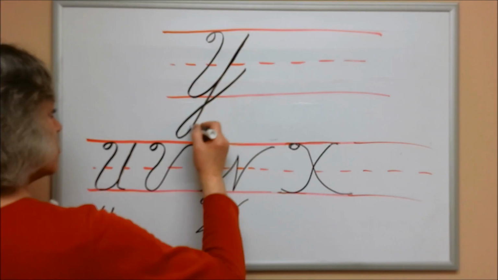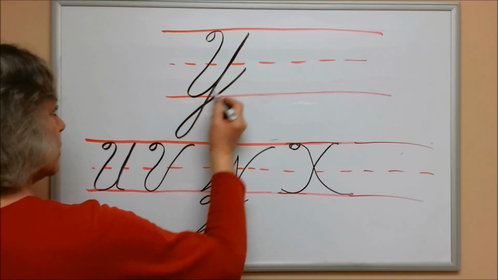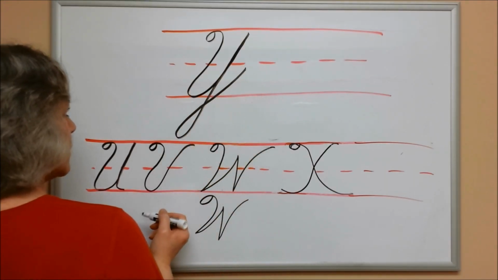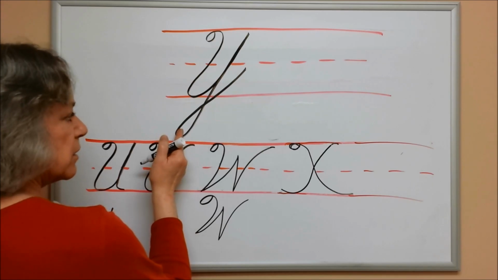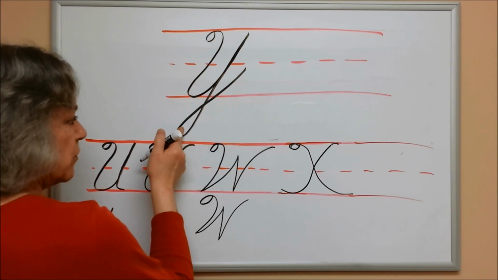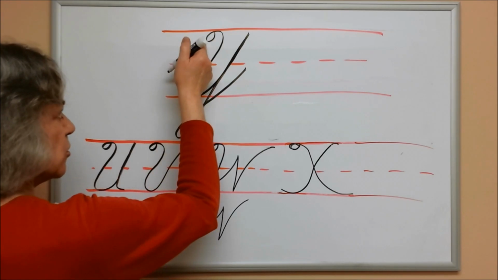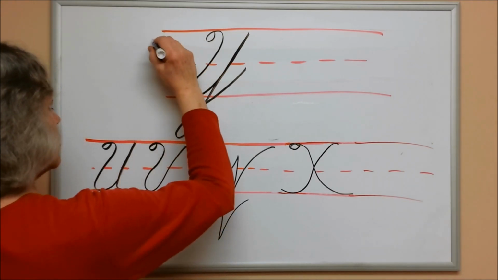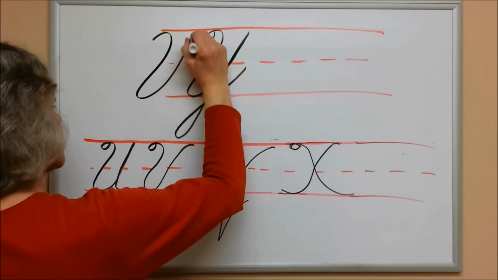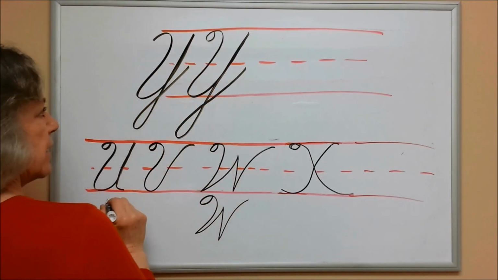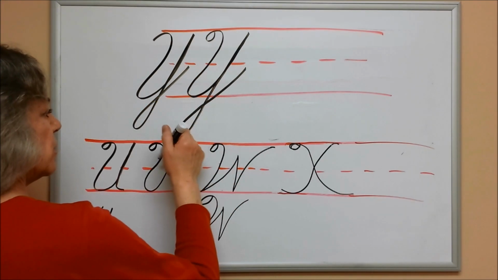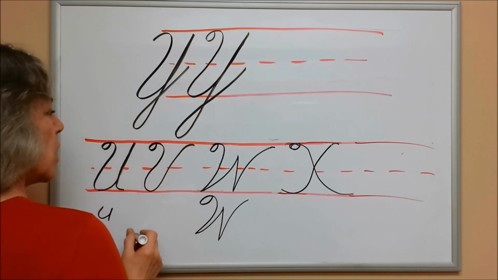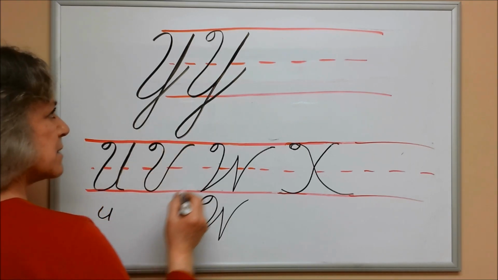The Y continues below the line and makes a loop and goes back up. And this loop is not one that you would eliminate. You have to have that loop. This loop up here you can remove if you don't like that. So you could just do like that if you wanted. But this one you need. Okay, that's the Y, and Z is next.